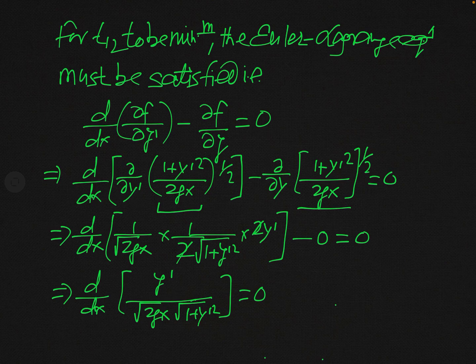So you can see that as derivative of y prime over root 2gx times root 1 plus y prime square is 0, so definitely this should be a constant. So you can write therefore that y prime over root x times root over 1 plus y prime square equal to constant.